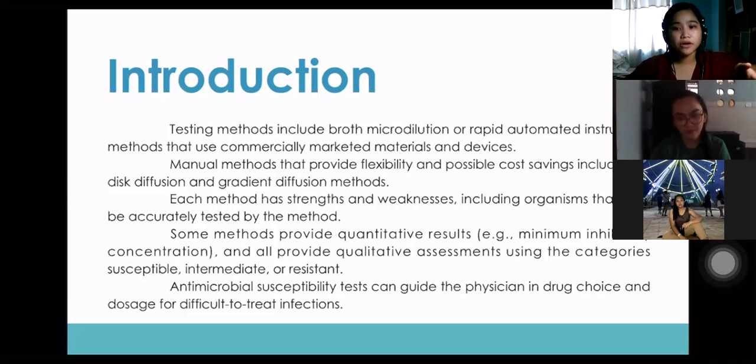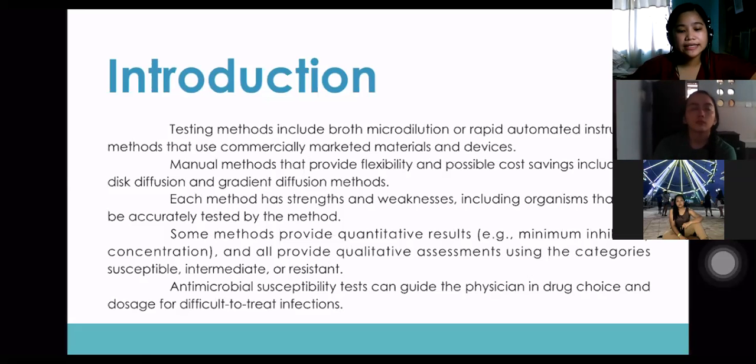Susceptible or sensitive means that certain antibiotics are effective against the infection. And then intermediate is ara lang siya sa tunga-tunga. However, resistant means that the antimicrobial agent or antibiotic is not effective against the microorganism.